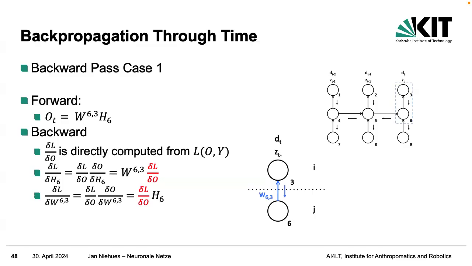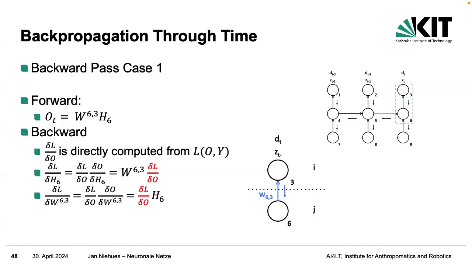But why are we interested in calculating the derivation with respect to our hidden state 6? Yes, exactly. To backpropagate further, we need both. The lower one, W63, we directly need to change the weight, and the one to H6 we need to backpropagate. As you see, we needed the one to the output before already.